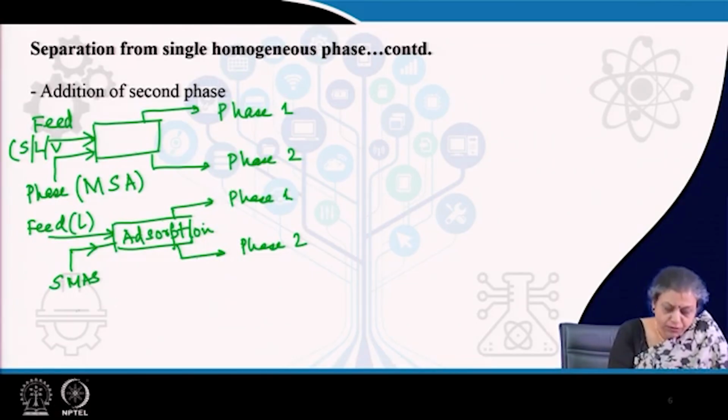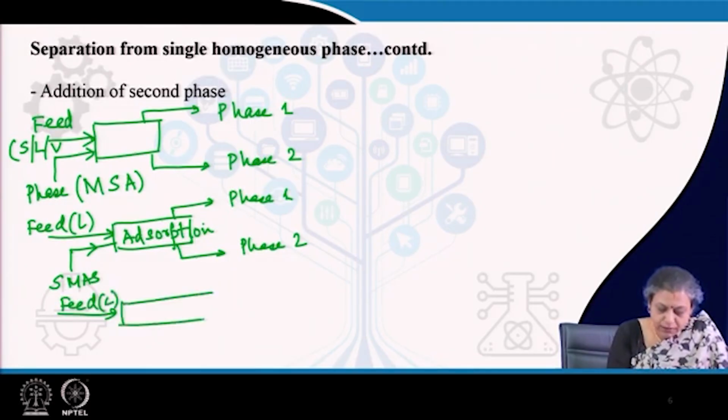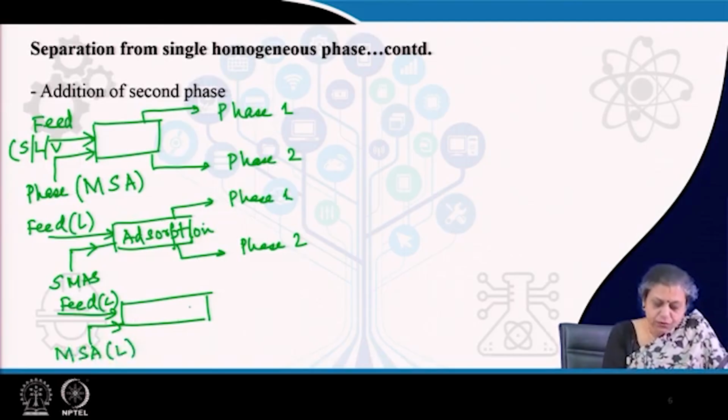For a liquid feed, we can also introduce an MSA which is also a liquid, immiscible in the first liquid. Under this condition, what happens?